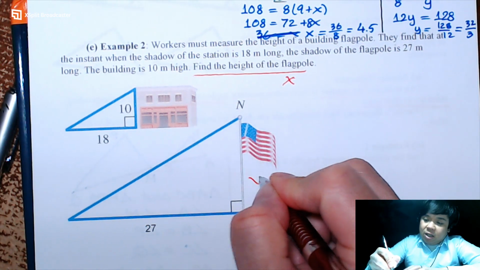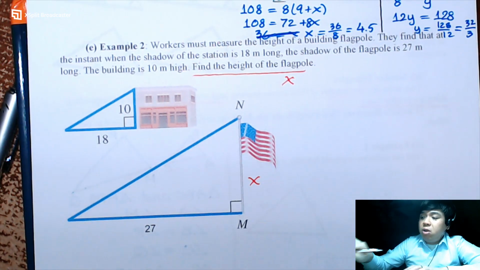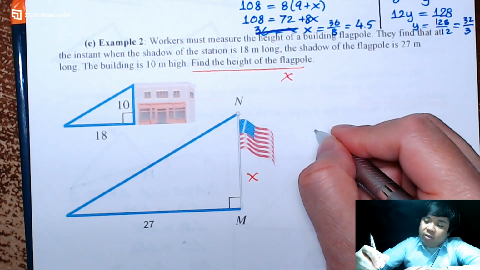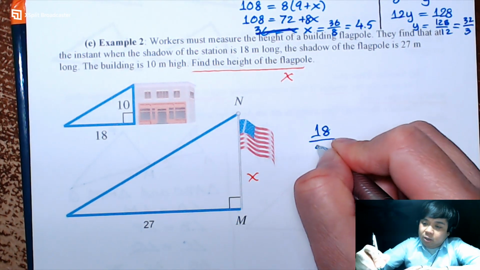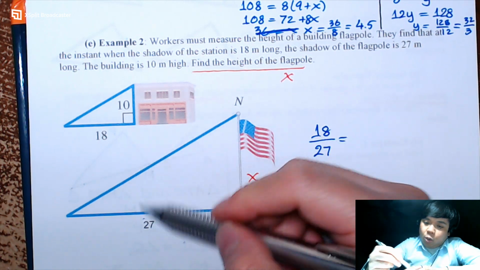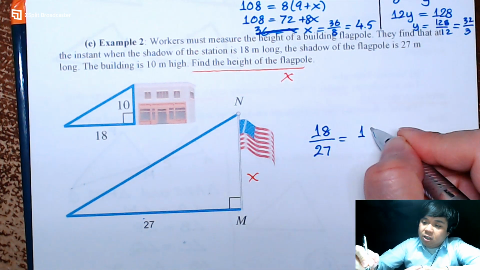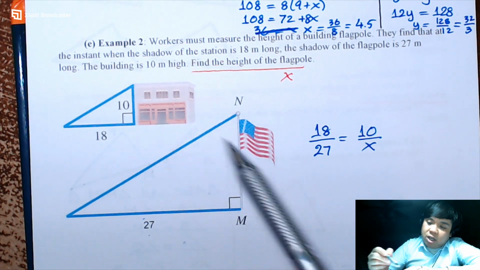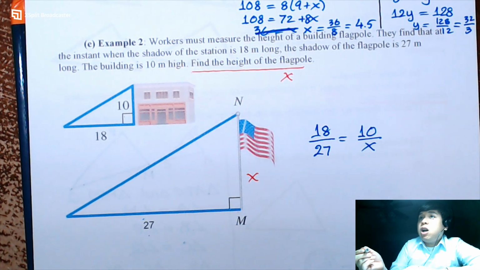What will be x? Now we have two similar triangles here, so we'll write 18 over 27 equal to 10 over x. We cross multiply and solve for x.